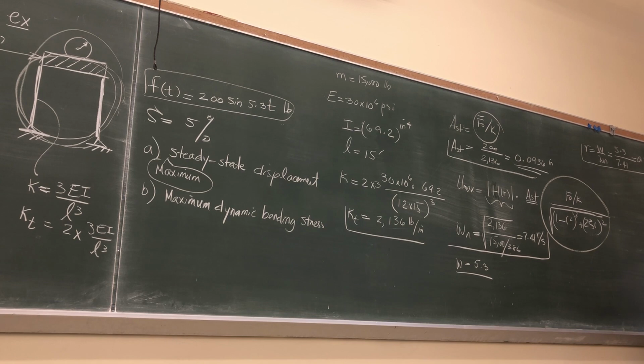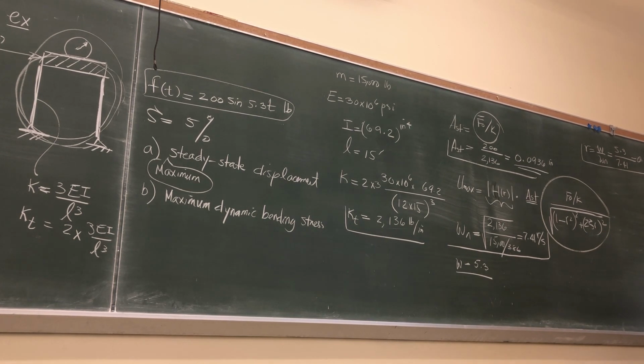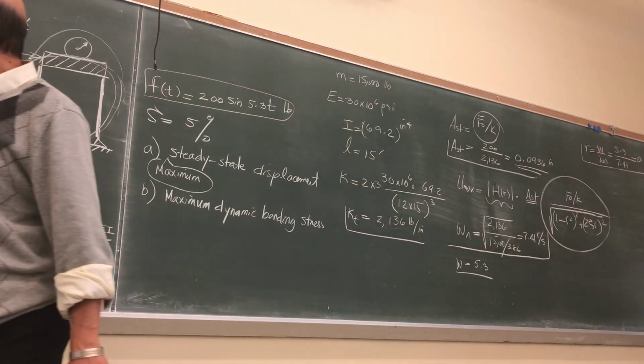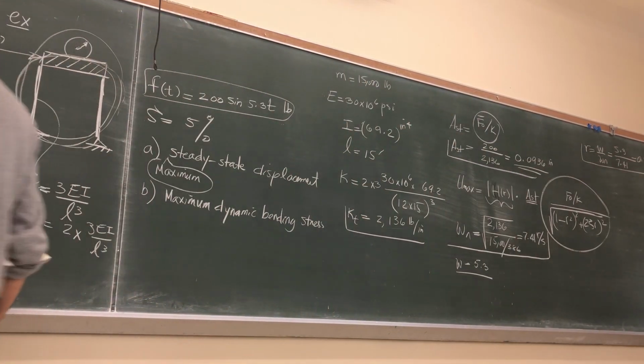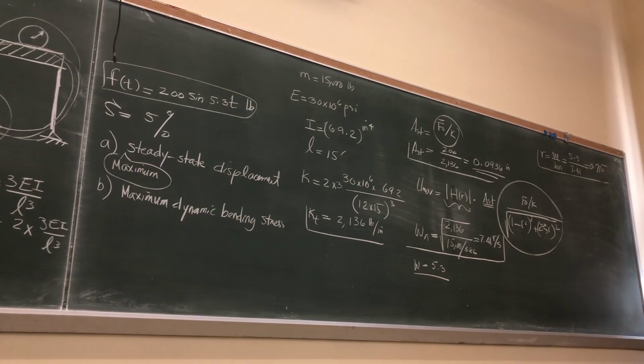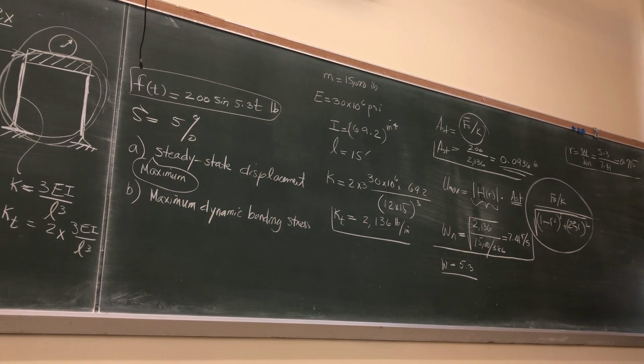When you get to this point, it's good to visualize or go back to the plots that you have. Damping ratio is 5%, so you must be in this region, because below 0.707, you're here.